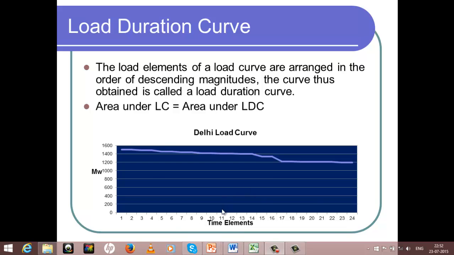So instead of hours, we can call it time elements with respect to your real power, that is in megawatt. If you see the curve, it's arranged in descending order, and we can easily calculate the area under the curve. So the area under the load curve is equal to the area under the load duration curve, and that means we can easily calculate the energy consumed.